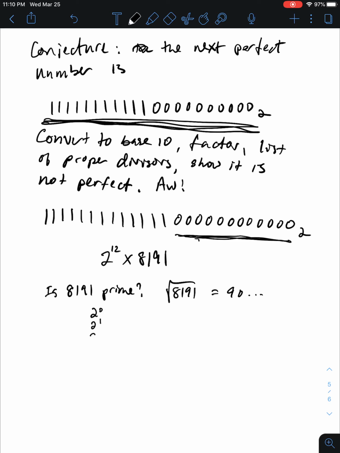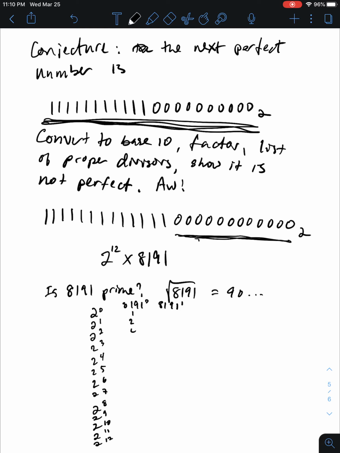So 2 to the 0, 2 to the 1, 2 to the 2, 2 to the 3, 2 to the 4, 2 to the 5, 2 to the 6, 2 to the 7, 8, 2 to the 9, 2 to the 10, 2 to the 11, 2 to the 12, and 8191 to the power 0, 8191 to the power 1.